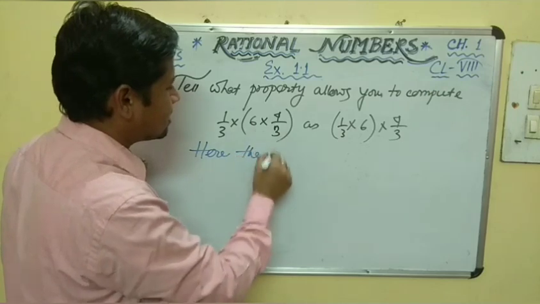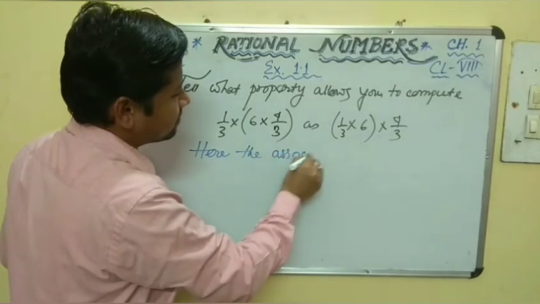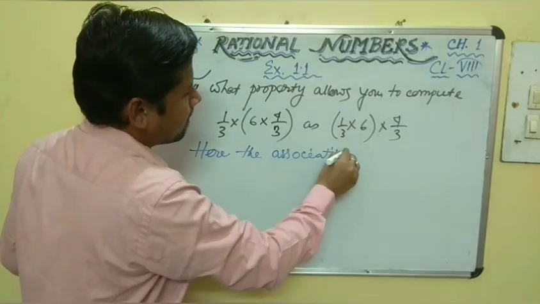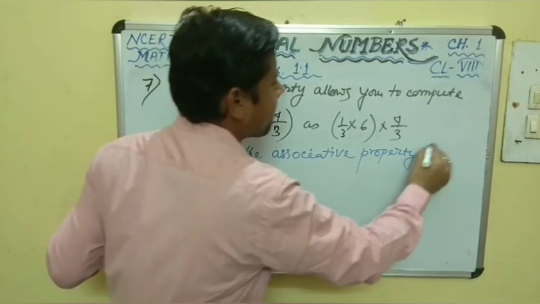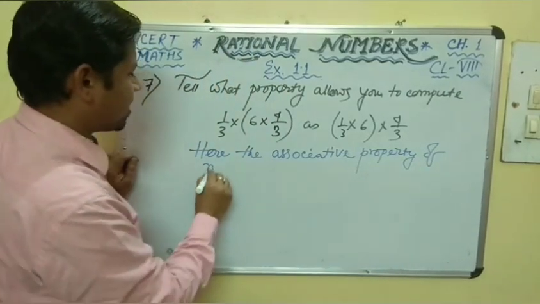So it is nothing but the associative property of multiplication.